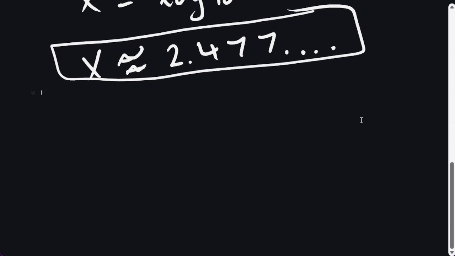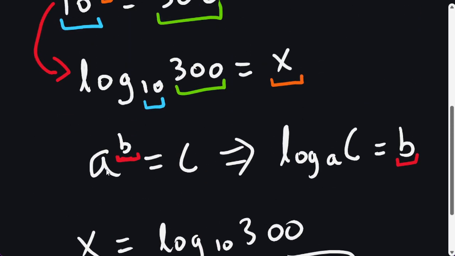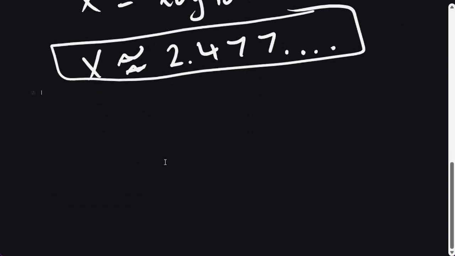And just keep in mind that logarithms are inverses of exponents. So again, in this example, a to the power of b equals c.